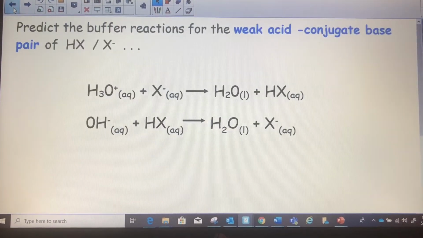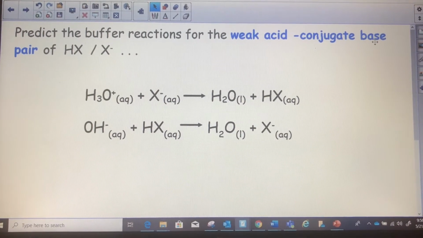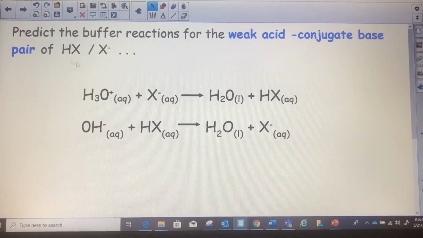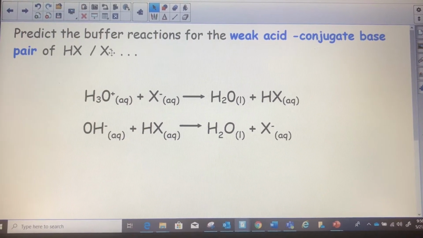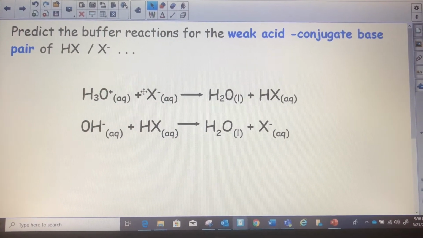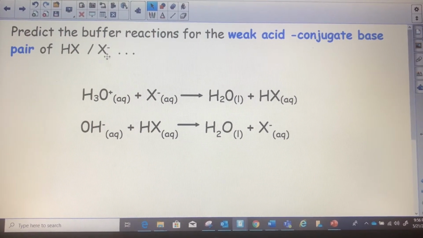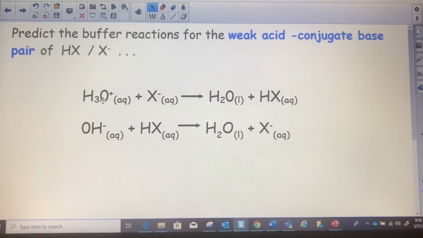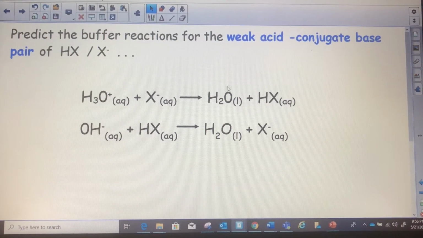So I'll go back to this slide. I'm just asking you here to predict the weak acid conjugate base pair buffer reactions for this. So there's your acid, there's its conjugate base, and you can tell that because it's given up its H. If you put that pair in acid, the base portion will accept that proton and keep it so it's neutral.